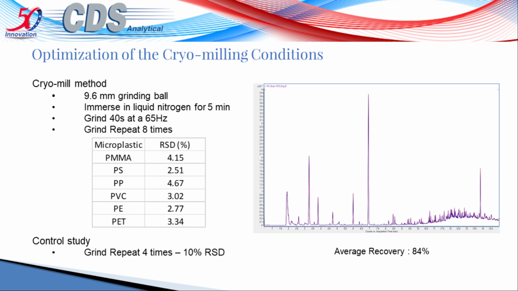It was ground for 40 seconds at 65 hertz, and this was repeated 8 times. When we did that and ran a repeatability study, we got an RSD of under 5%. Compared to a control, if you only grind 4 times, you get an RSD of 10%. And to the right is an overlay of the 4 repetitions.